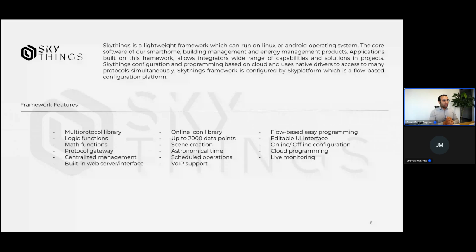We will see that SkyPlatform provides additional things like mobile application, call forwarding, live monitoring, and live programming. But if there is no internet connection, you will be able to use all SkyPlatform functions without the mobile application, without live monitoring or programming.